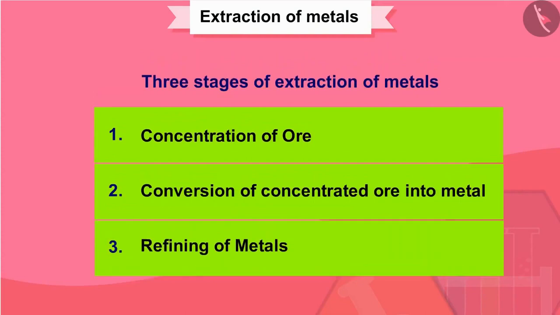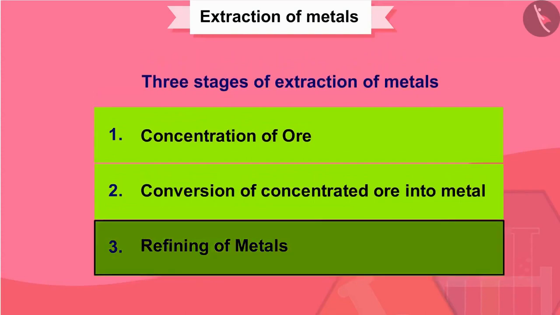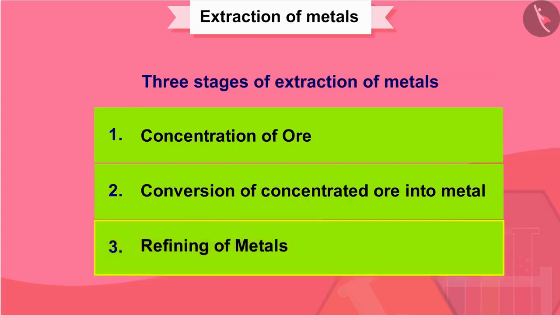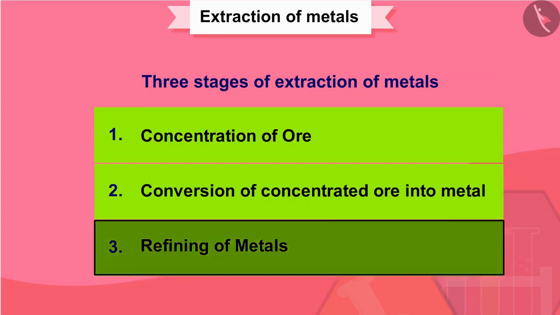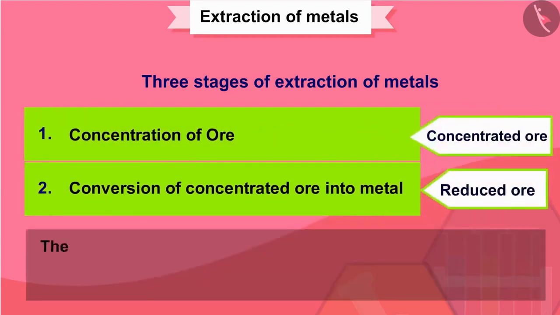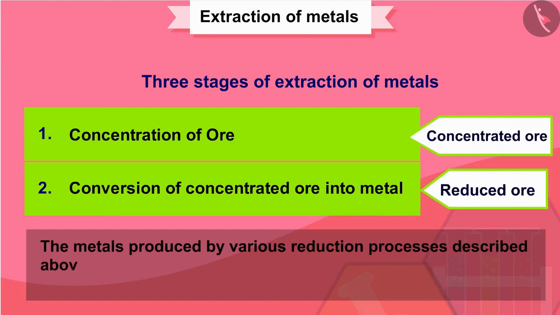So children, let us now move to the last point of this extraction process, which is refining of metals. The metals produced by various reduction processes described above are not very pure.